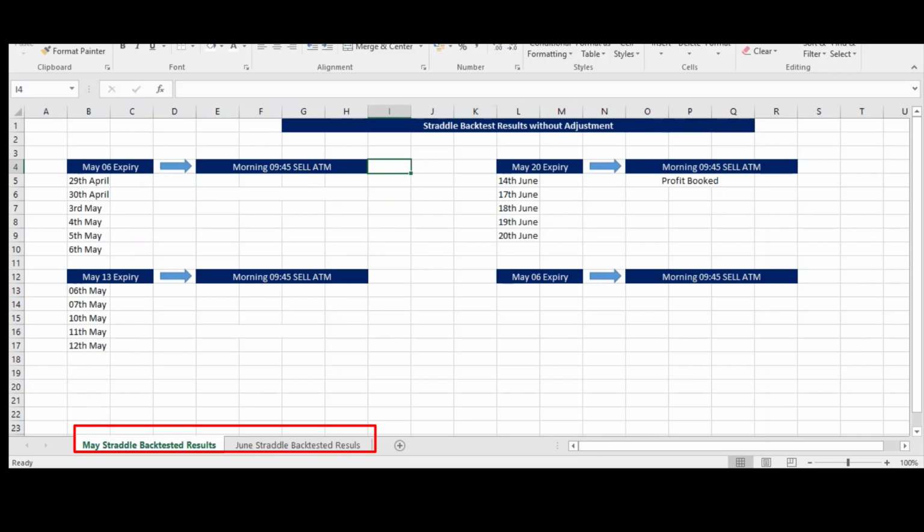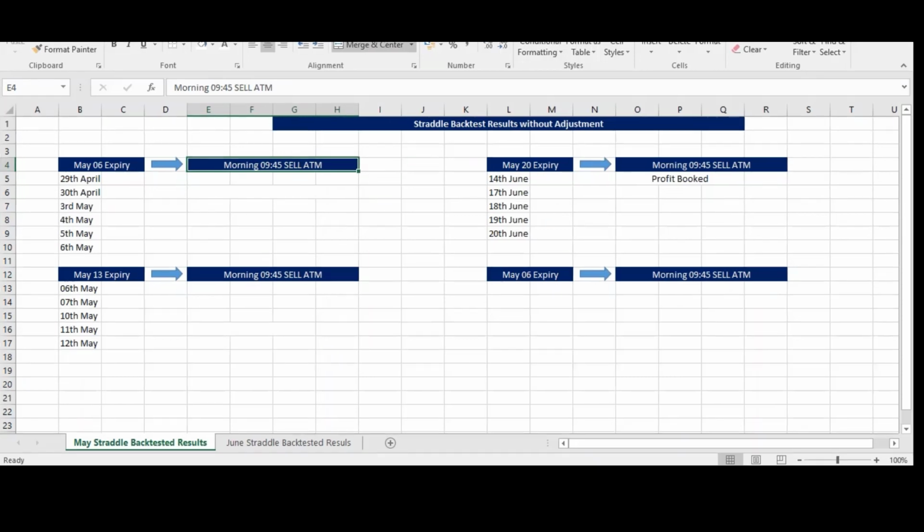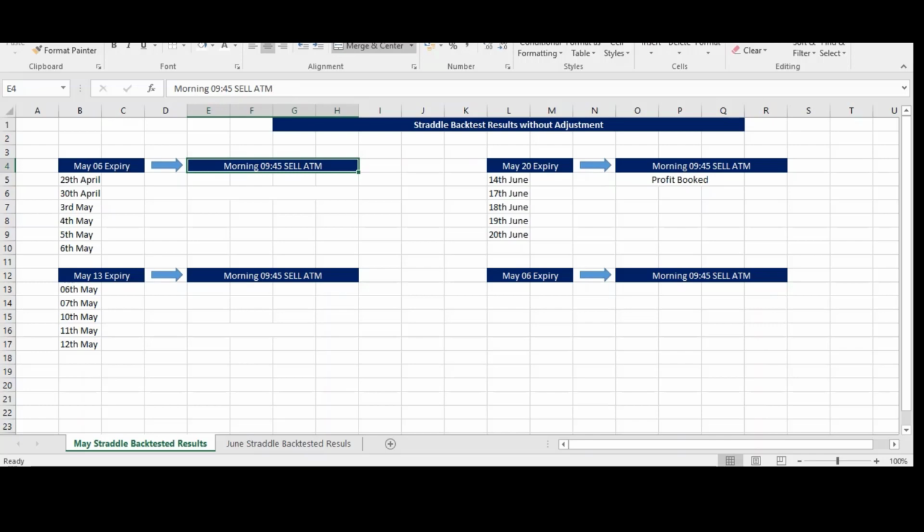I won't do any chart analysis. At 9:45 in the morning, I will sell the at-the-money call option and the at-the-money put option. My target is 10,000 profit and my stop loss is 5,000. So using this simple straddle, without looking at the chart, without seeing any support and demand, without seeing any market news, at 9:45 I will sell one call option and one put option, the same strike price, at the money.